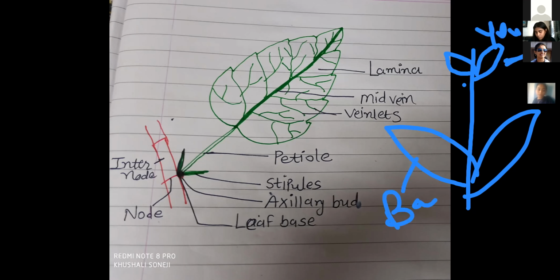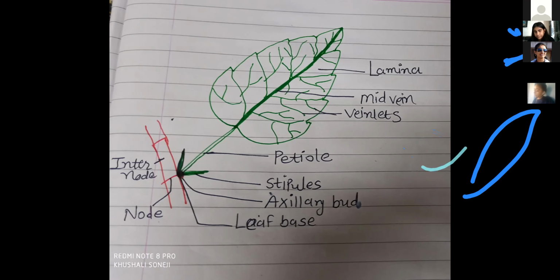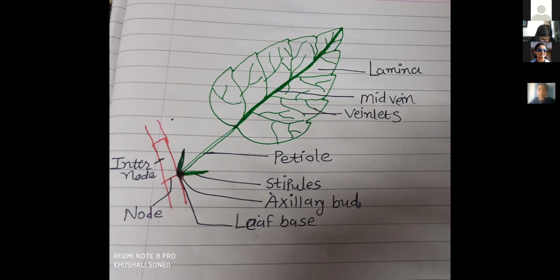That type of arrangement we call acropetal. Remember, at the base older and at the tip younger, right? So leaf originates from shoot apical meristem and is arranged in an acropetal order.